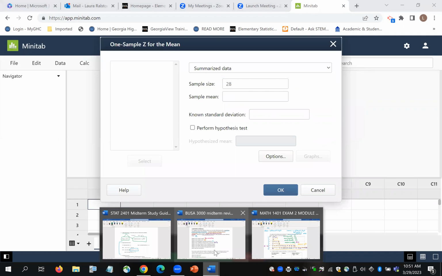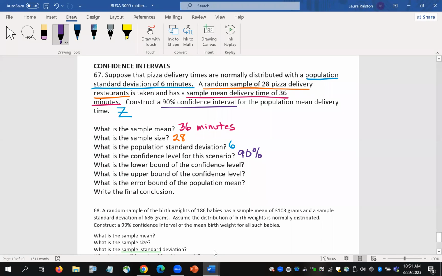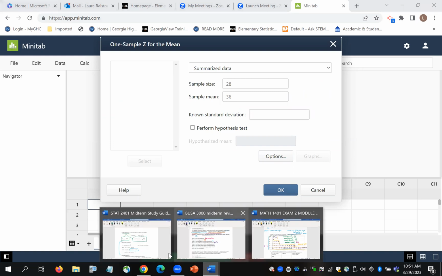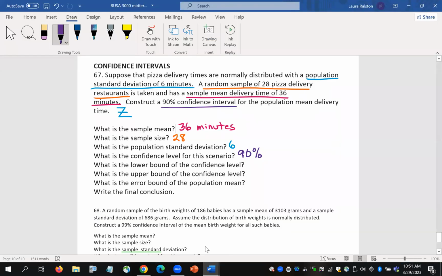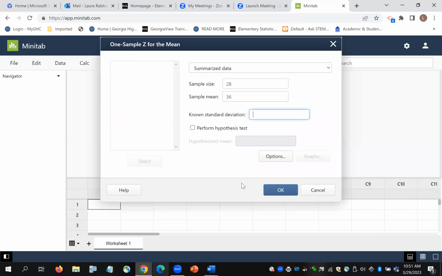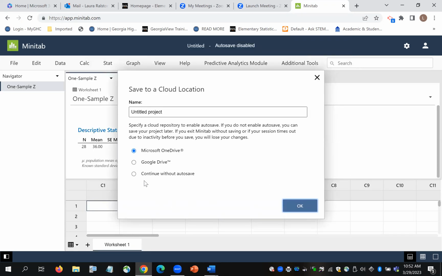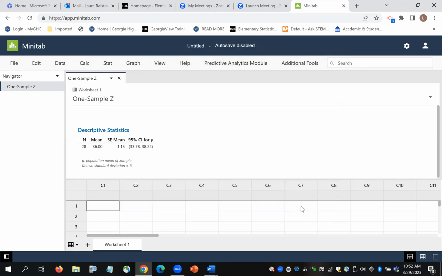The sample mean was 36. The known population standard deviation was 6. It's a 90% confidence level.